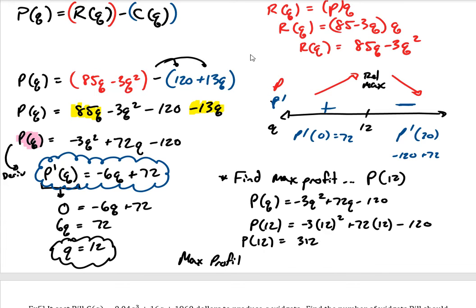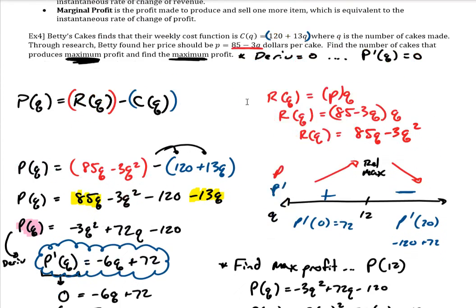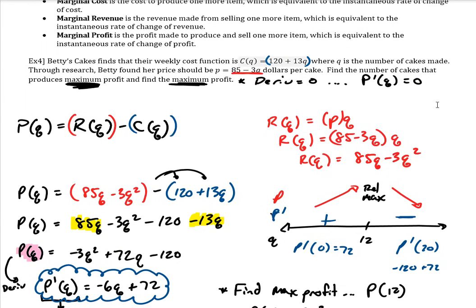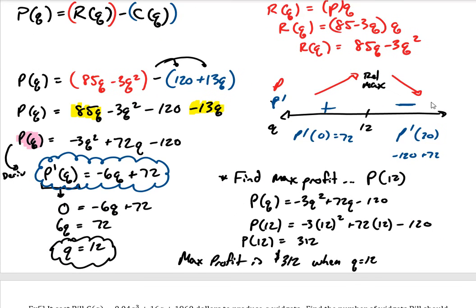So max profit is $312 when they sell 12 cakes. I'm going to write that as Q equals 12. It was cakes, right? I'm not making that up. Number of cakes, yep. So when Q equals 12, cakes are sold.